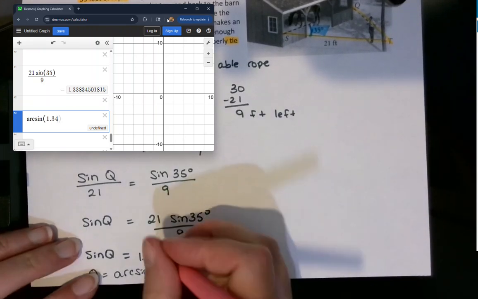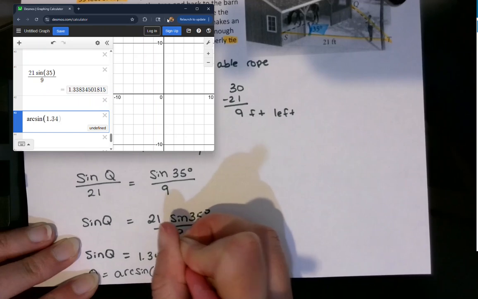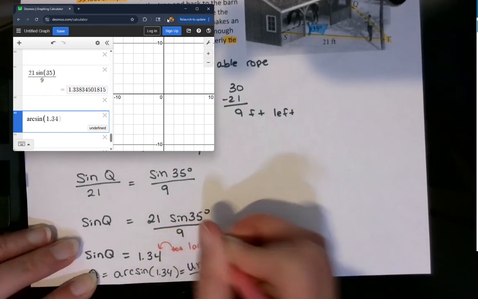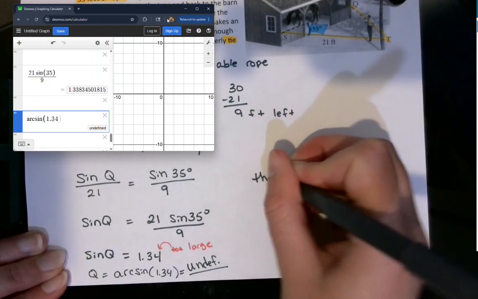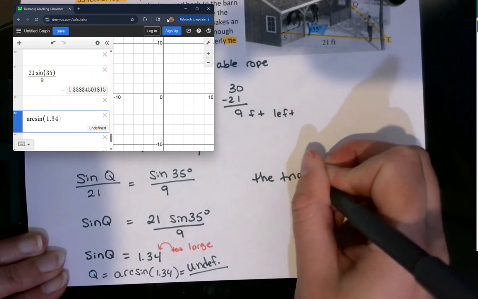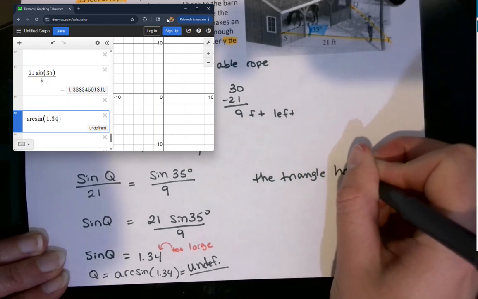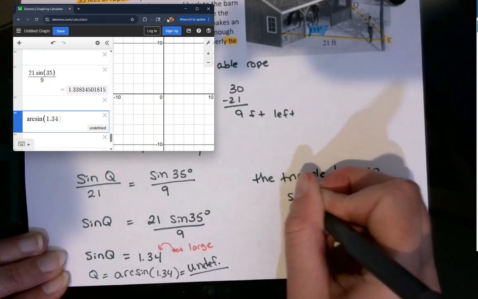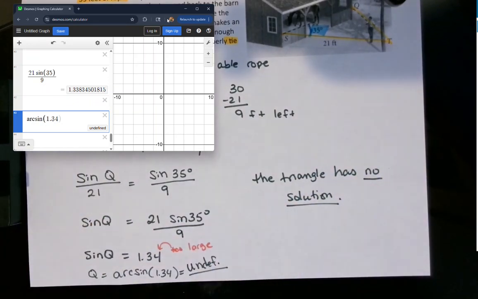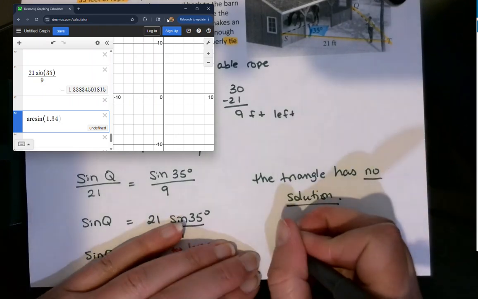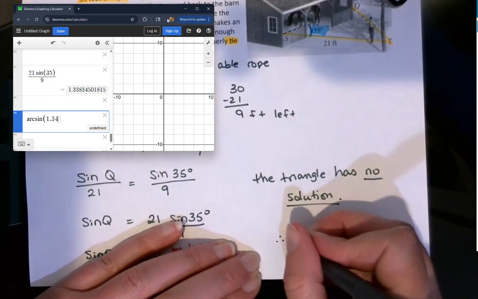So this triangle has no solution. So this is an example of a triangle with no solution. We've seen them where you know two sides and an angle where there's two solutions, then one solution, and now where there are no solutions. So in short, in this example, there's not enough rope.